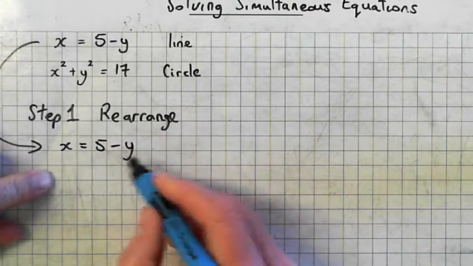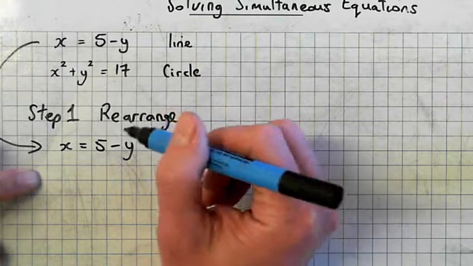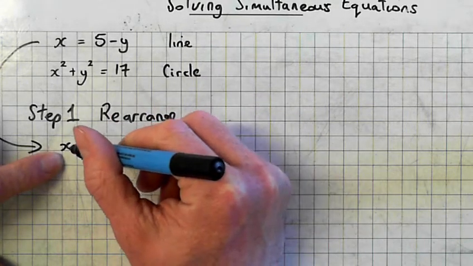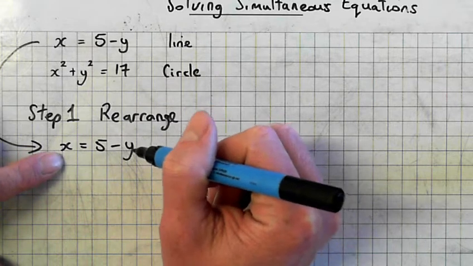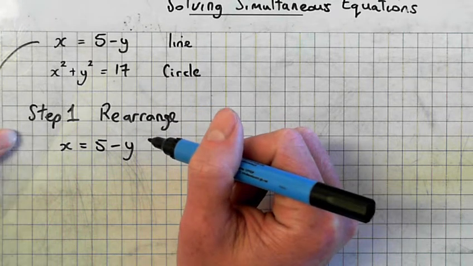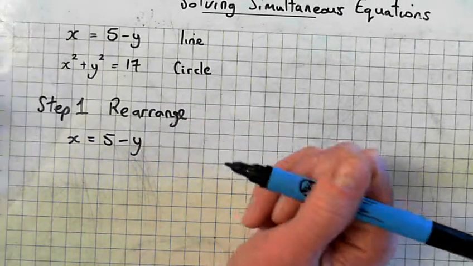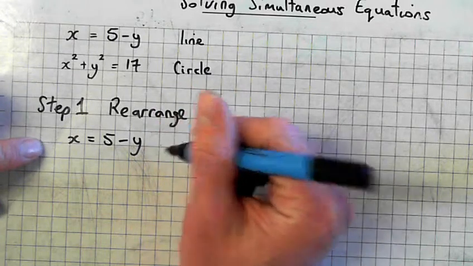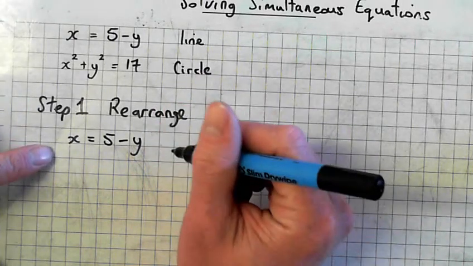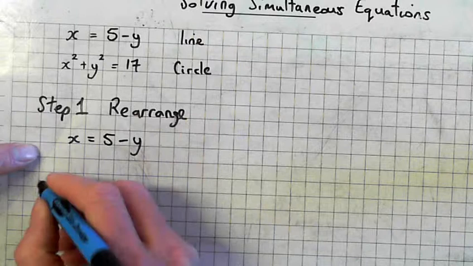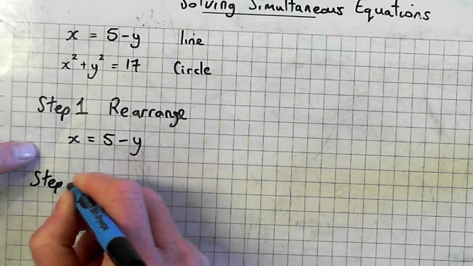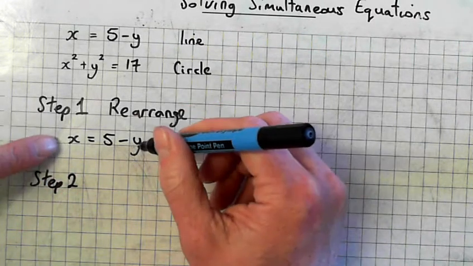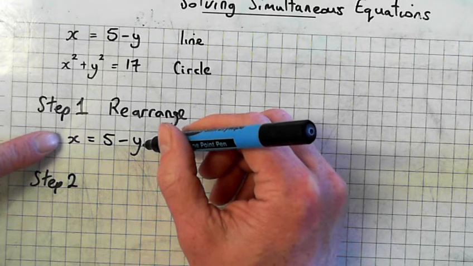In this case, we don't have to do anything further, x is on the left hand side on its own, and everything else is on the right. That's what I mean by rearrange. All right, so the line it's okay. It's already rearranged. We'll look at another example later on where we'll have to do some work here.